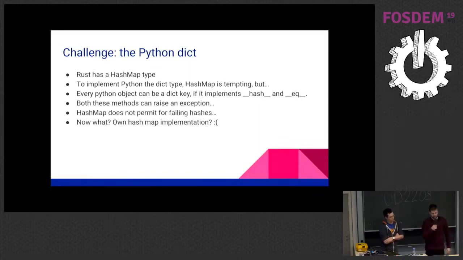But the hash and equal functions in Python can raise exceptions, and the Eq and Hash traits expect that the operation always succeeds. So we're stuck. Any ideas from you would be appreciated here on how we can solve this. So we're stuck there, so probably it will be a homegrown hash map implementation.